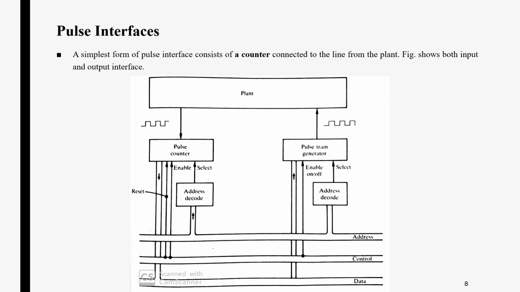The third one is pulse width modulation, which is called PWM. There are special purpose interface chips used to generate these pulses. This is how the pulse is generated and connected to the plant. Whatever operations are performed are based on the pulse. So this is all about pulse interfaces.